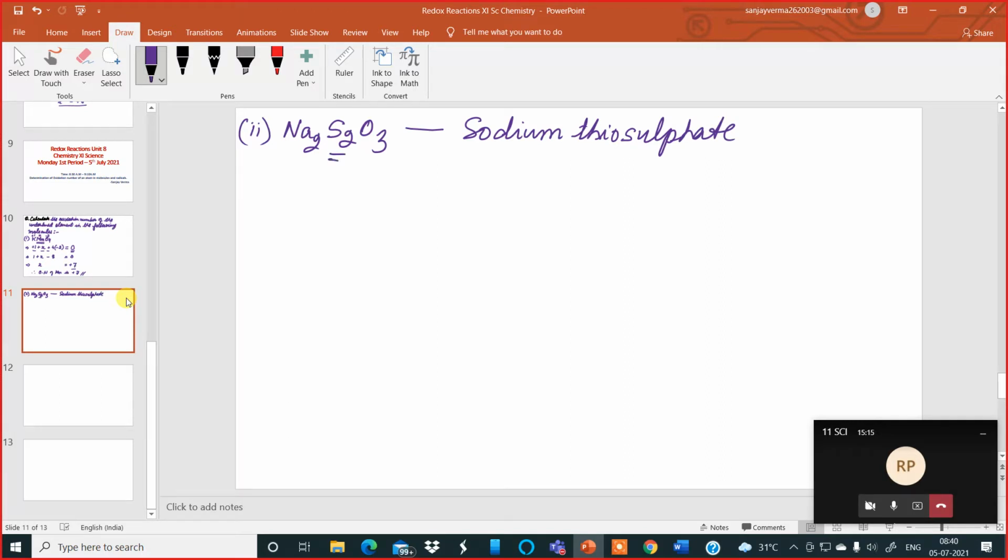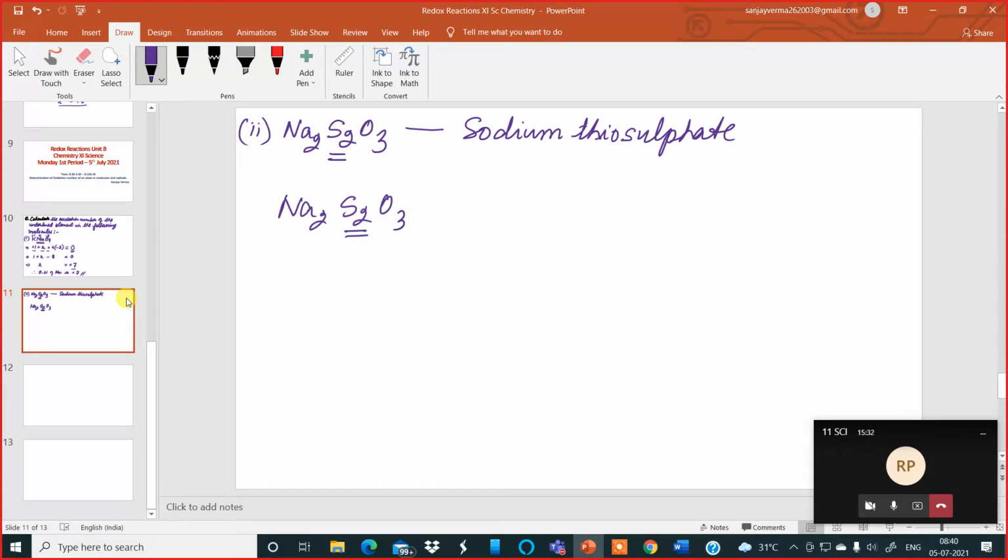The underlined element is sulfur. We are supposed to find the oxidation number of sulfur. So what I will do is, I will write down the formula once more: Na2S2O3, underlined element is sulfur.